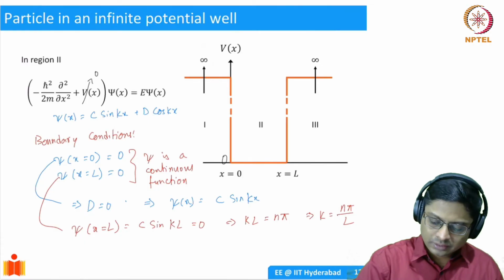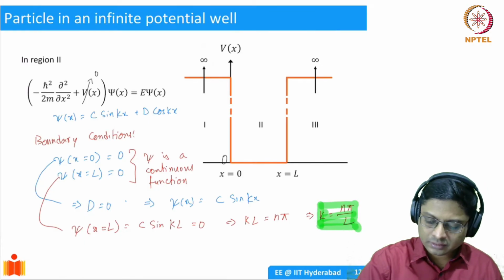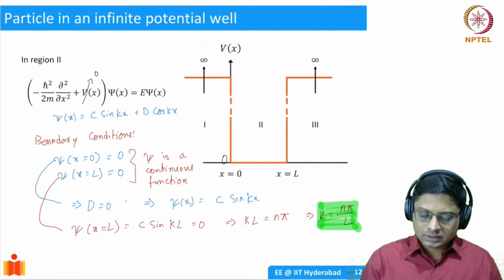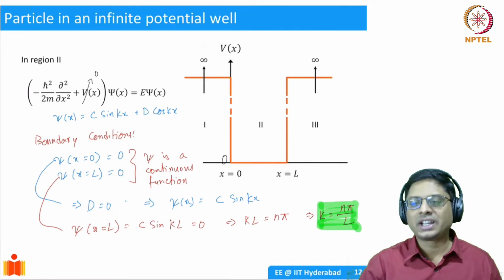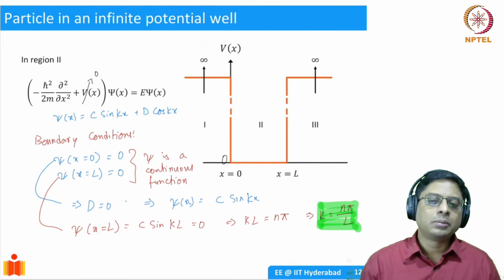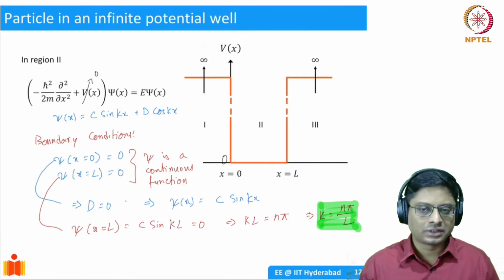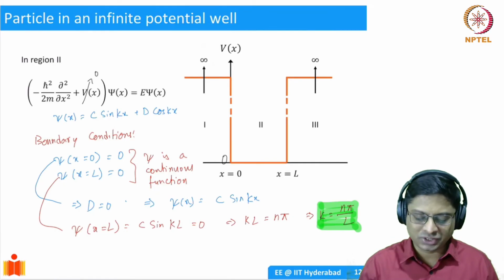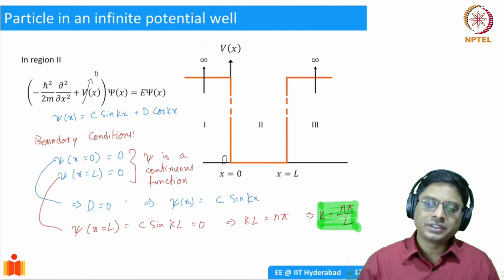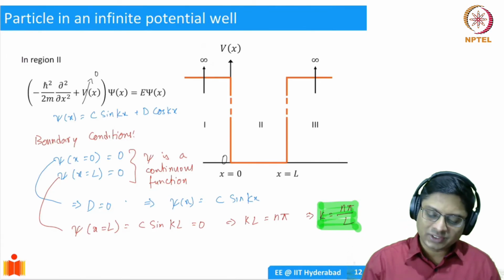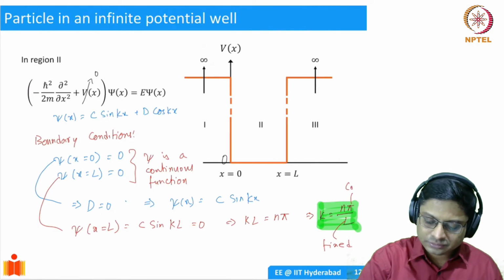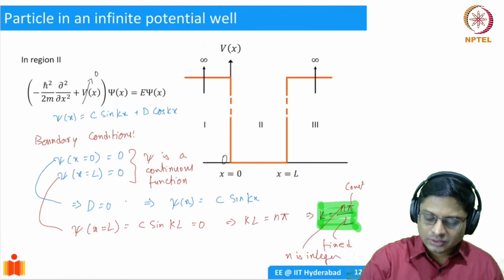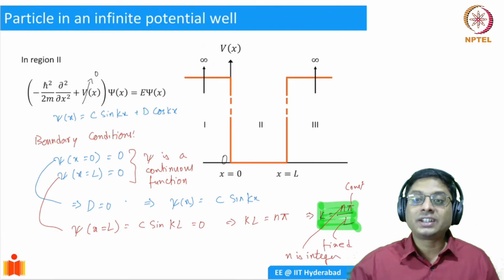Okay. So what we are seeing is, in the free electron case, k was a continuous function. You could take any value of k and there would be a corresponding energy. But the moment you confine an electron in a potential well like this, k cannot be continuous. k has to be discrete, because L is fixed and n is an integer, so it can only take discrete values.